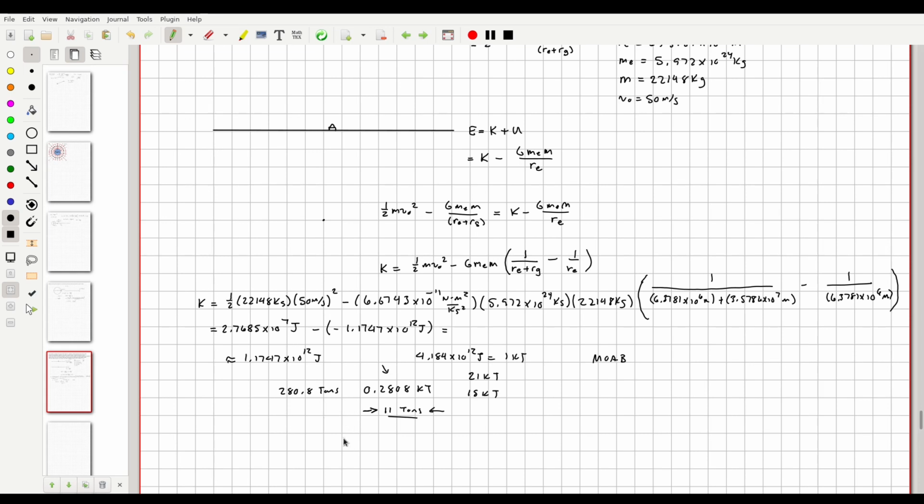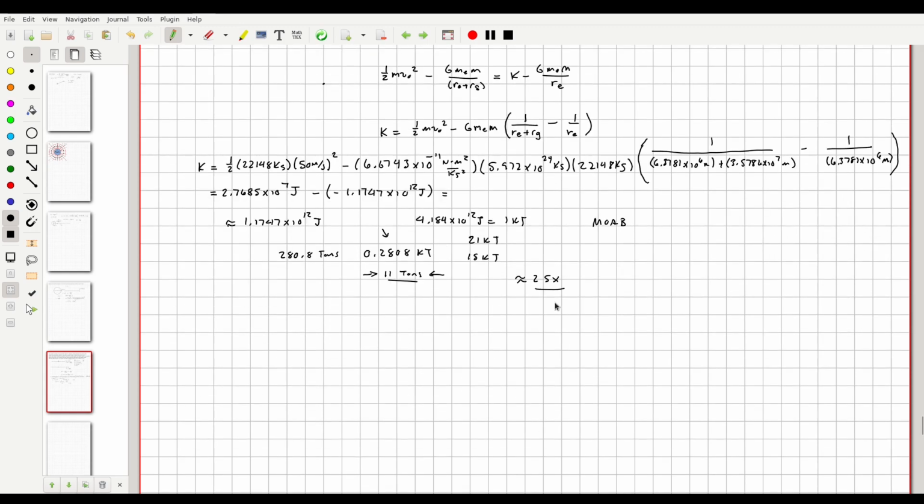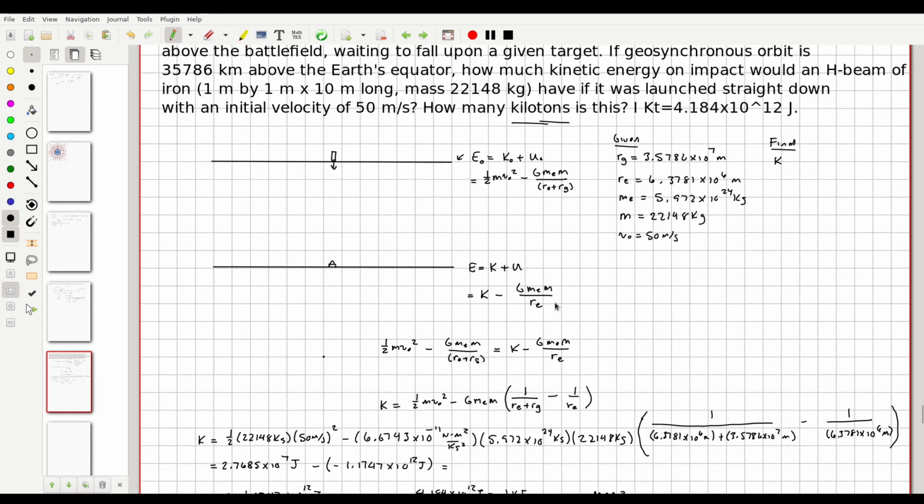So if you do the math, this is about 25 times the explosive power. Now, of course, this is not good. Who wants to drop bombs on people?